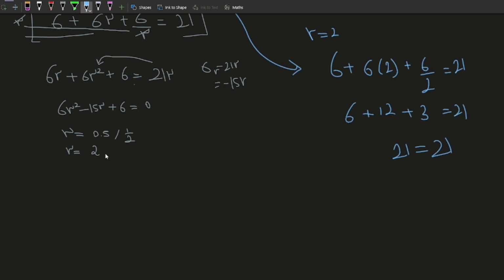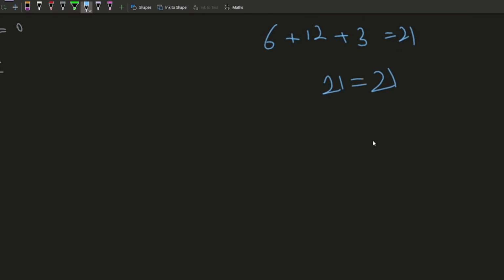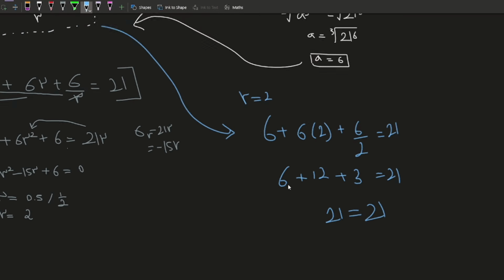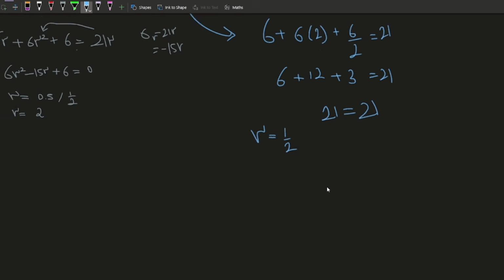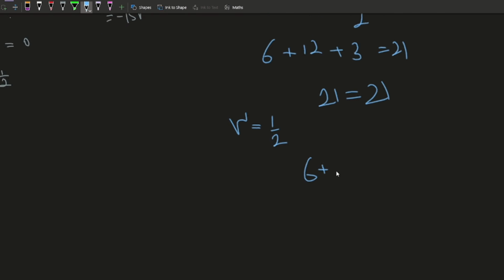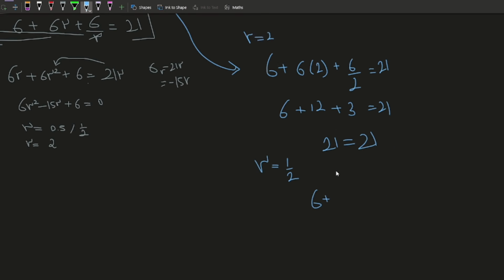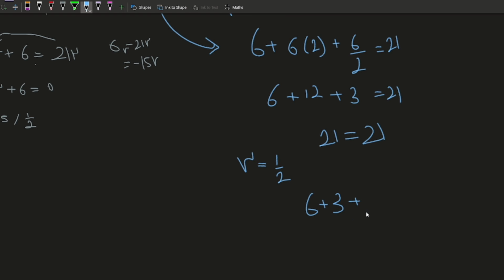Now let's check with 0.5, or 1 over 2, whatever you want to call it. So r is equal to 1 over 2. It would be 6 plus 3 plus 12 equals 21. Again, this satisfies our equation.